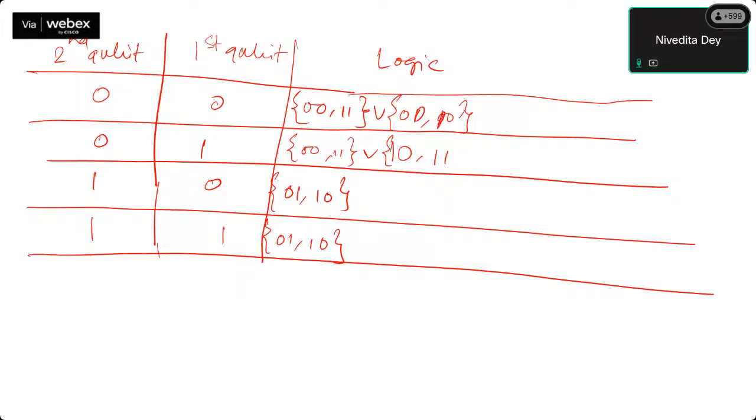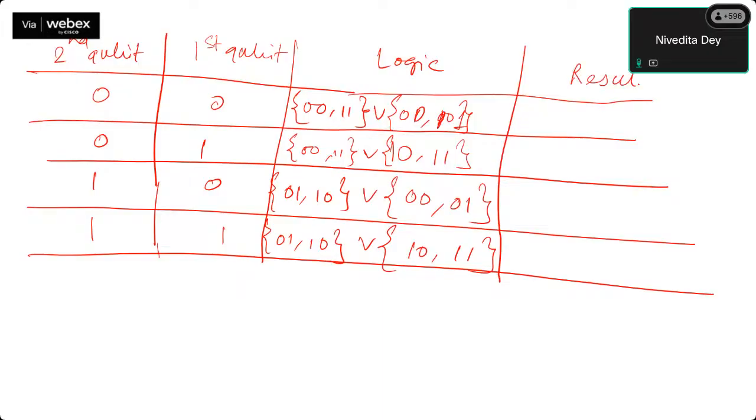So if the first qubit is 0, it can be 0 0 or 0 1, and similarly if it is 1, it can be 1 0 or 1 1. What is the common point here? That is the result. It is present in both the first and second qubit logic.